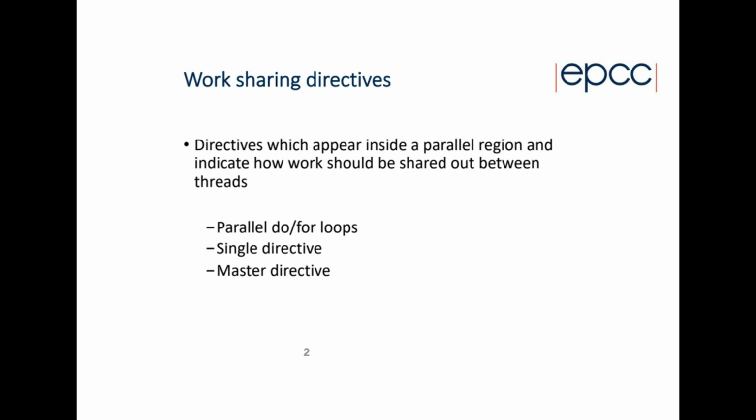If we just use a parallel region, then in order to do useful things in parallel, we need to get the number of threads, get the thread ID, and then manually figure out which thread is going to execute what based on its ID. That's all fine, but it's a slightly inconvenient way of programming.